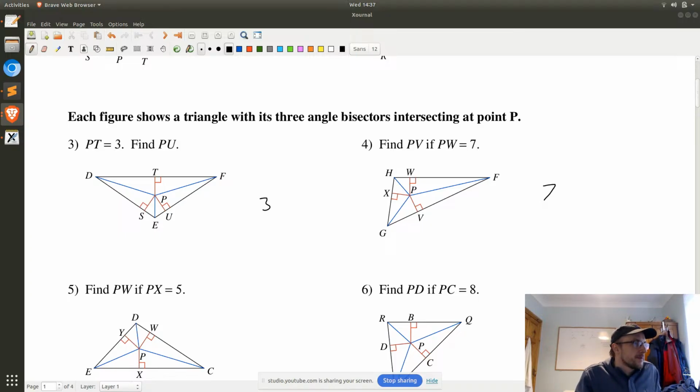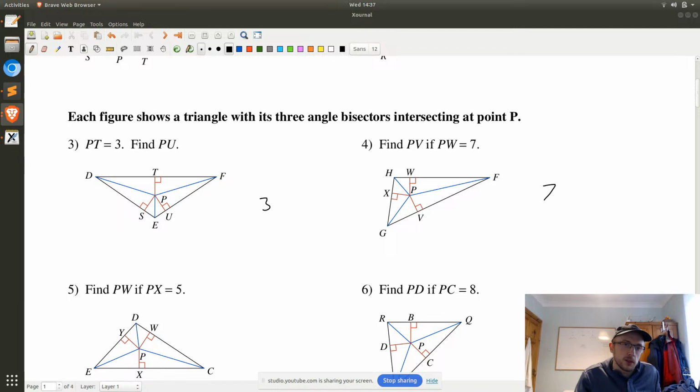Yeah, that's the centroid. I know about that. Do I, though?